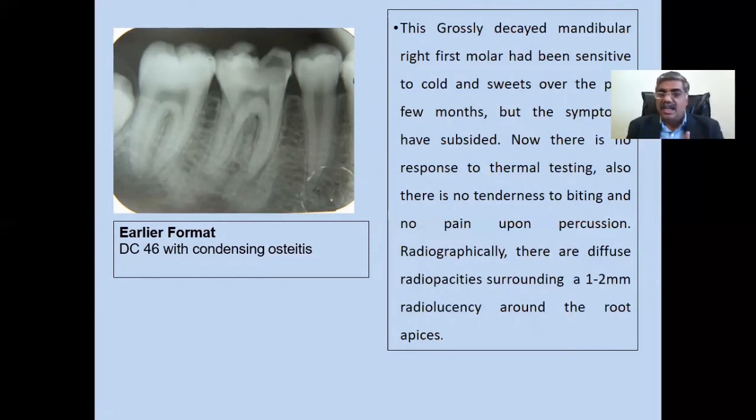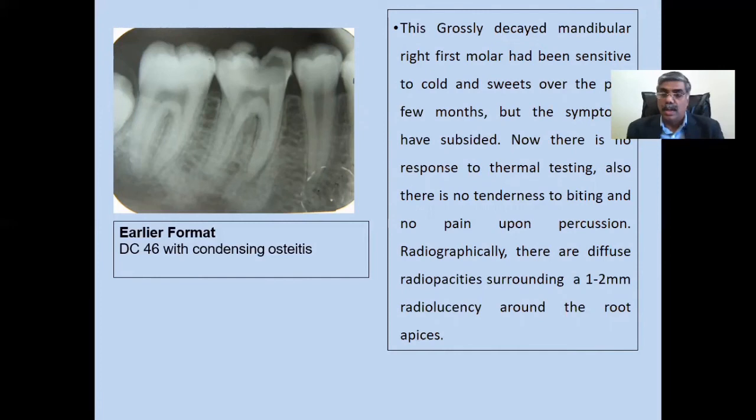So when I say condensing osteitis in dental caries 4-6, what I mean is there is a dental caries in 4-6, which would have involved the pulp. The pulp would have gone for pulpitis. It would have gone for pulpal necrosis, and the pulpal necrosis product would have reached the periapical area. That has resulted in a periapical radiolucency. Now the next stage is the bone has reacted by producing a lot of high density sclerosed bone surrounding the periapical infection.